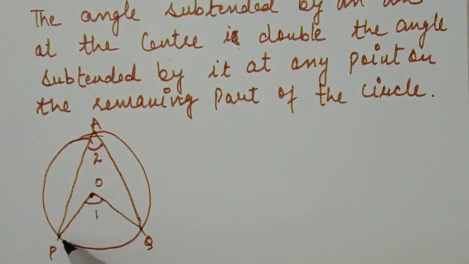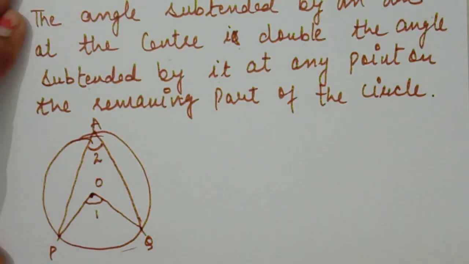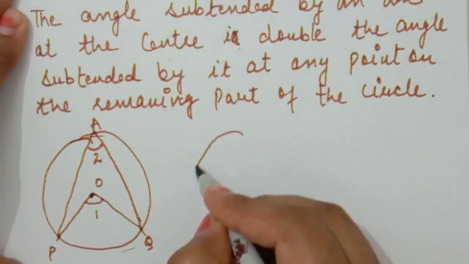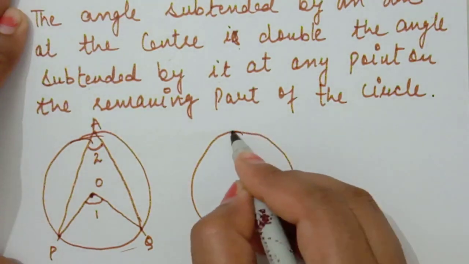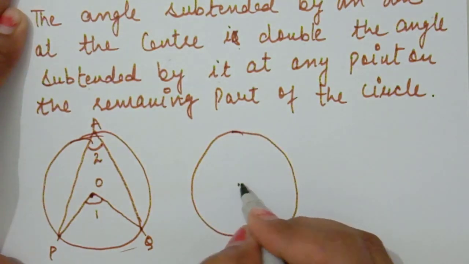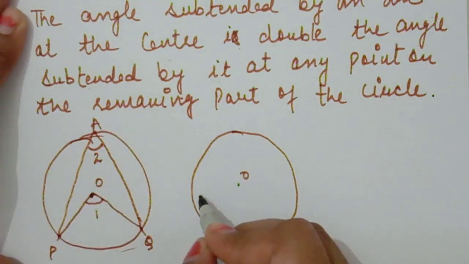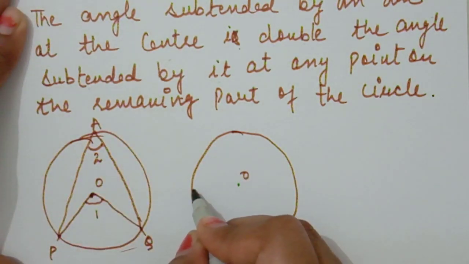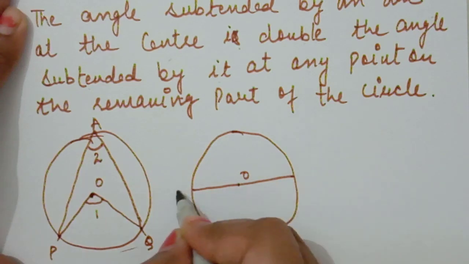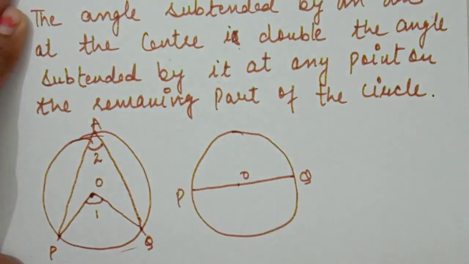But it is not compulsory that the arc is a minor arc. It is also possible that the arc is a major arc or a semi arc, meaning half. So the second possibility is the same diagram with the same labeling, where the arc PQ is a diameter.